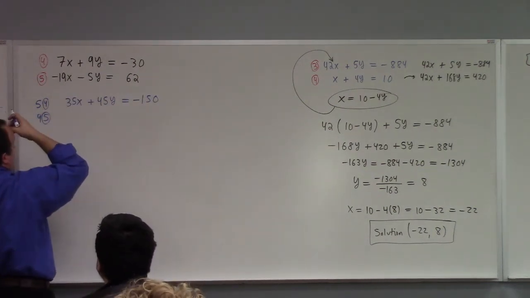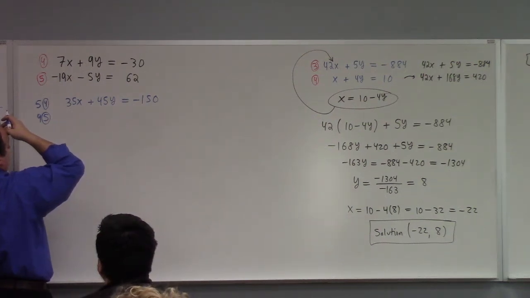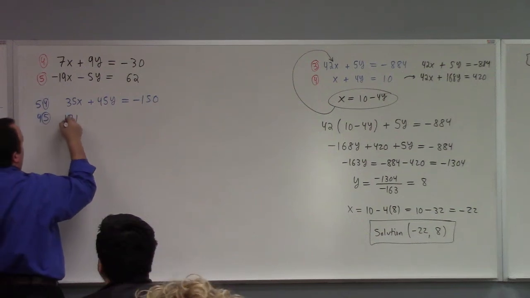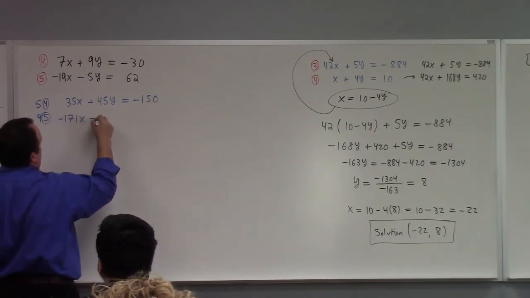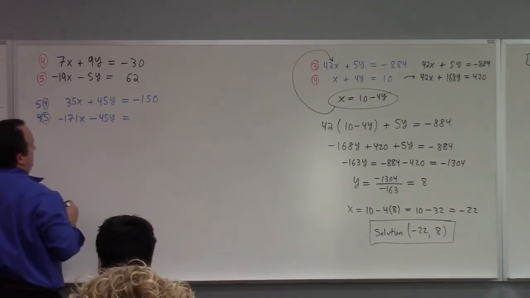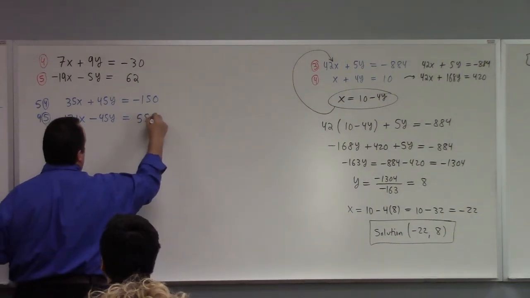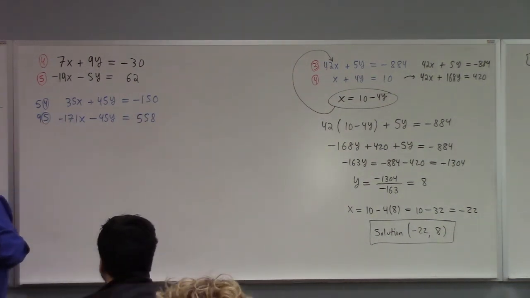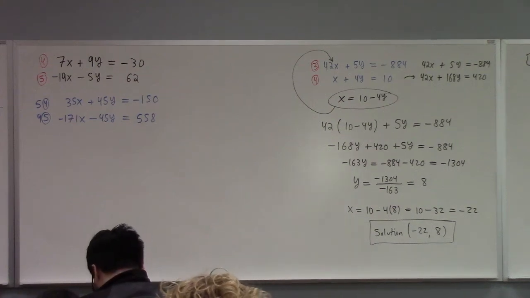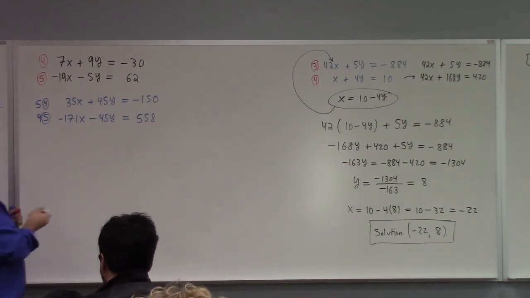9 times 19 is 171. Minus 171x minus 45y. 9 times 62 is 558. And this time we don't subtract. We add them because we've got plus and minus on the coefficient we're eliminating.